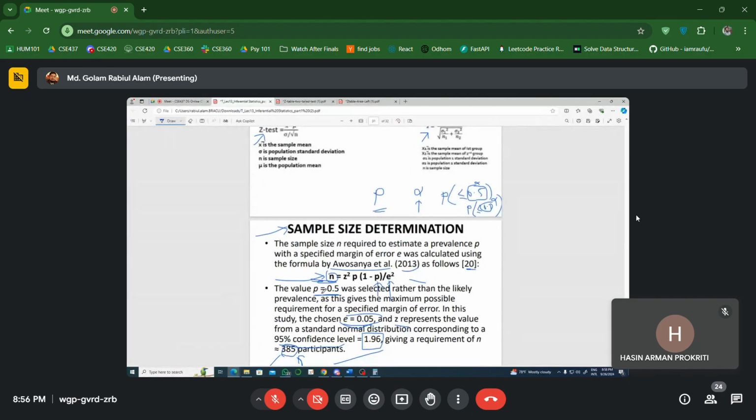You have to determine how many patient samples to collect for statistical significance. For your population, considering your error and your standard score, it will be calculated. Like you have to collect data from 385 participants if you want to test the significance of your data.